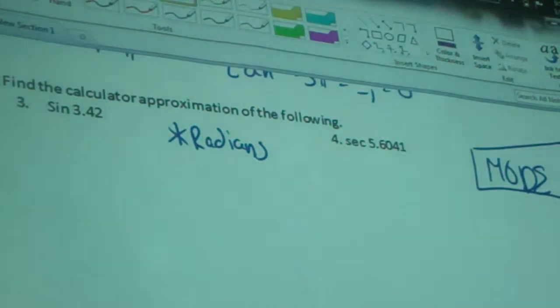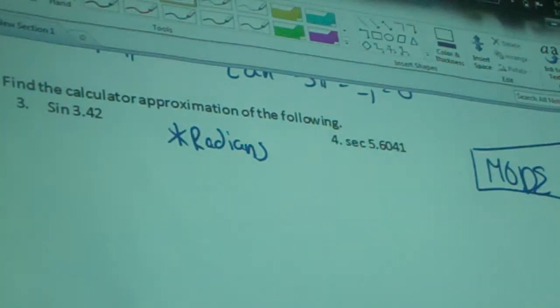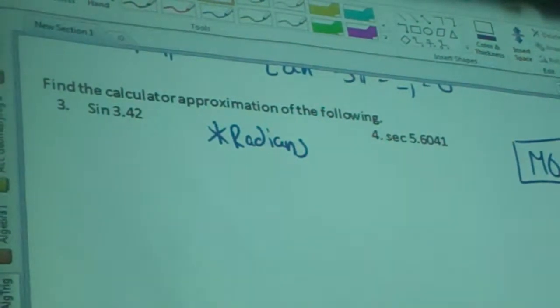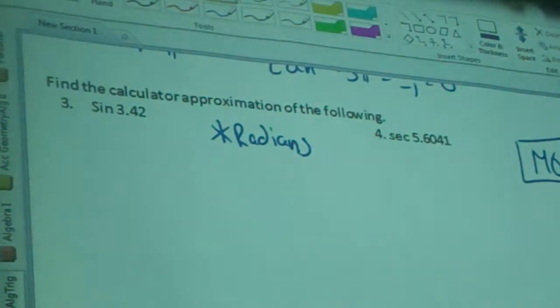Okay, all you have to do when you're evaluating something like this is go to your main screen, hit sine, 3.42. You don't have radians? Go to mode. For the rest of you, hit sine, 3.42, hit enter. Negative 0.27482467003.